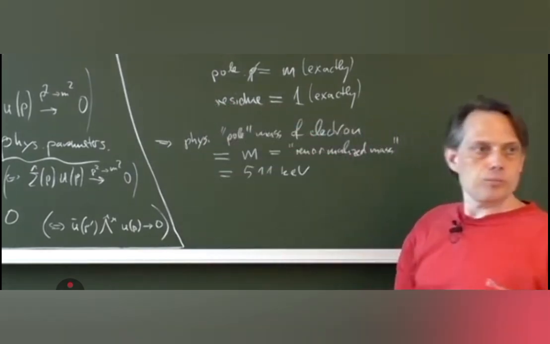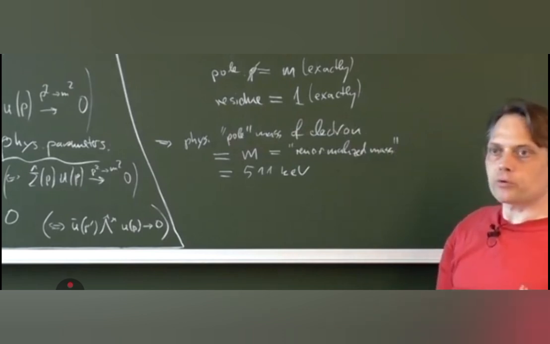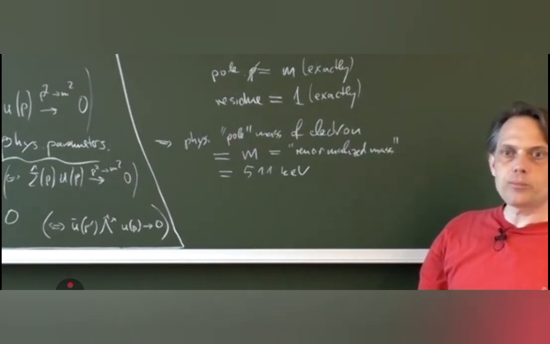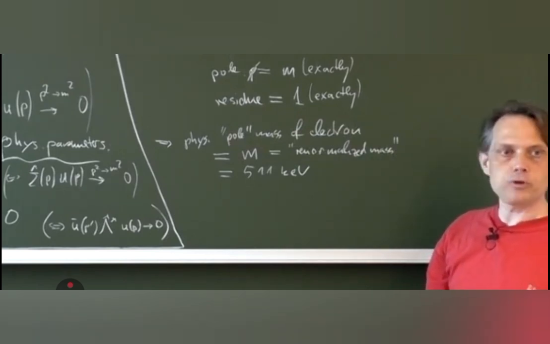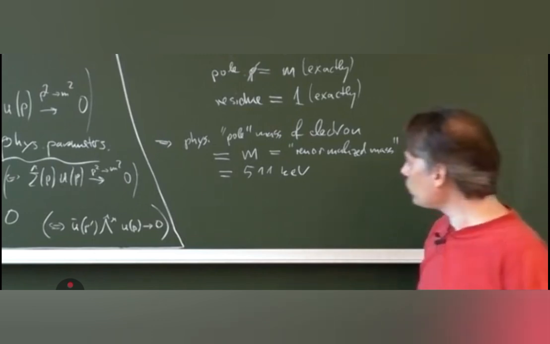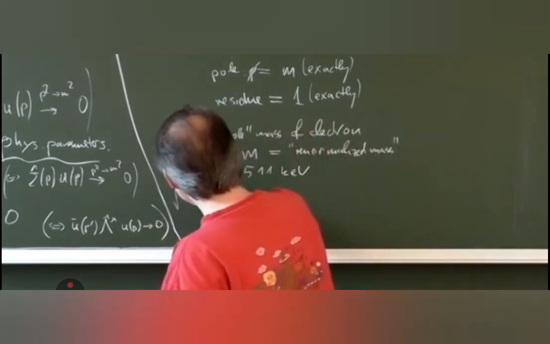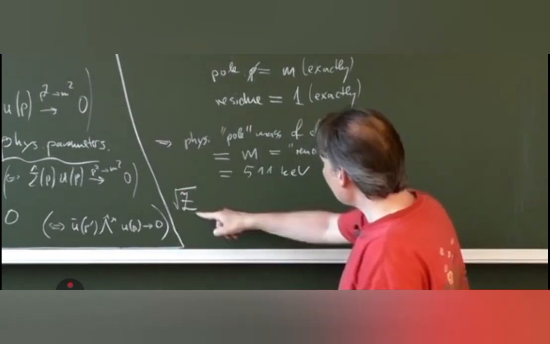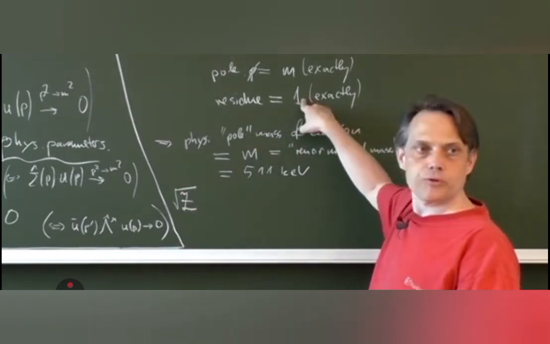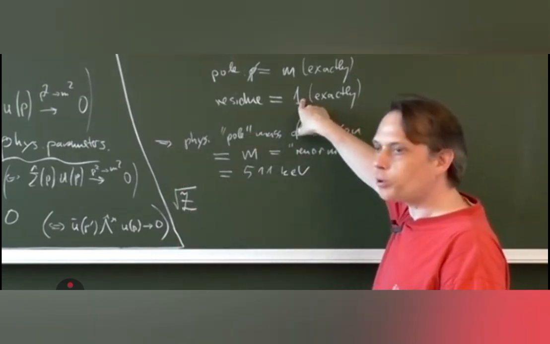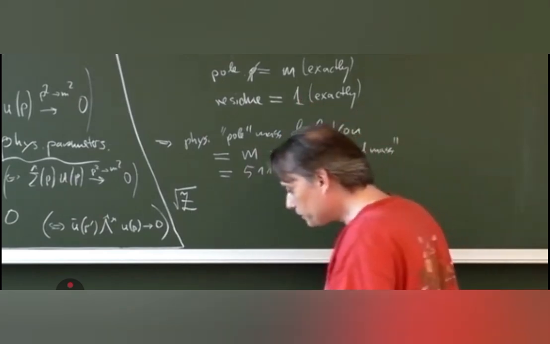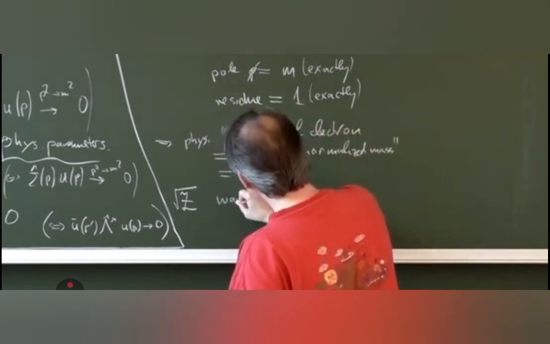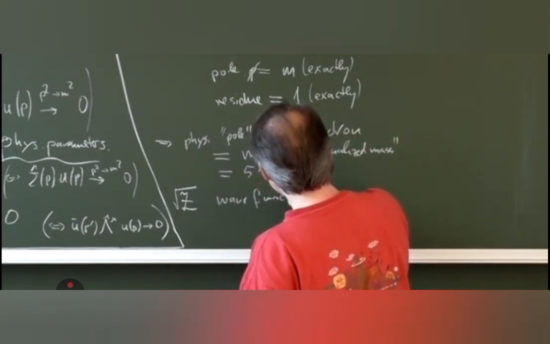What is the meaning of the residue? The residue comes into play in the Lehmann-Symanzik-Zimmermann LSZ reduction formalism for S-matrix elements. And there exists this square root of curly Z. And this curly Z is exactly the residue of the propagator at the pole, which is here 1. This is this wave function renormalization.